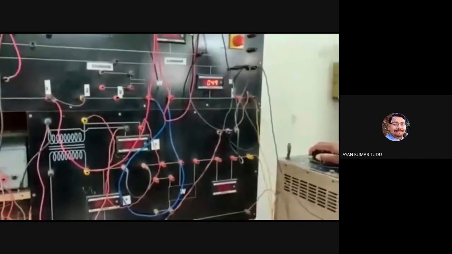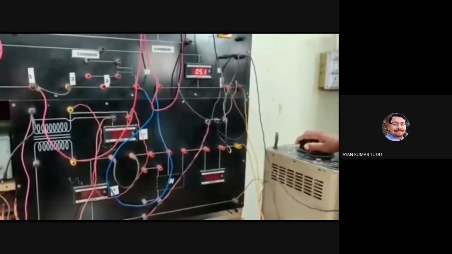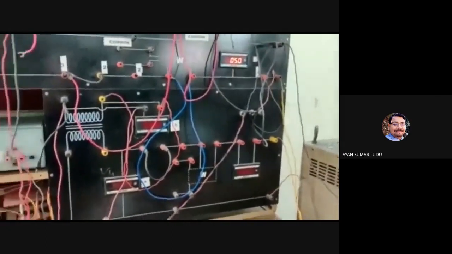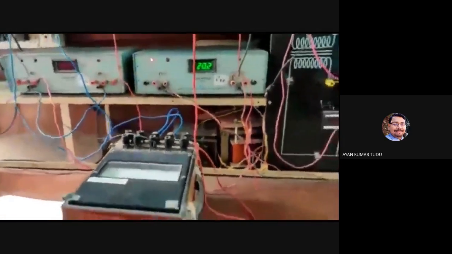Okay, next reading is taken at 80 volt. Sending end power and receiving end power.